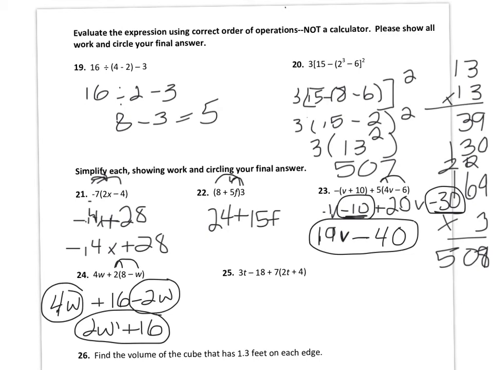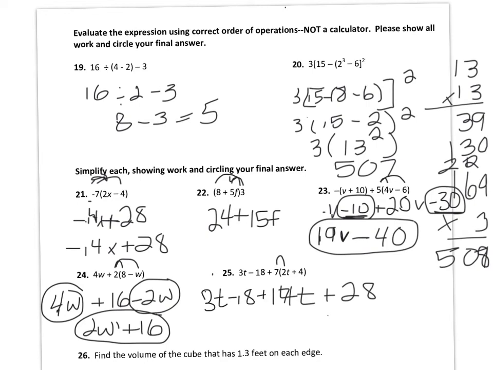And 25, I would distribute the 7 first. That's going to give me 14t plus 28. And I still have my 3t minus 18 plus.